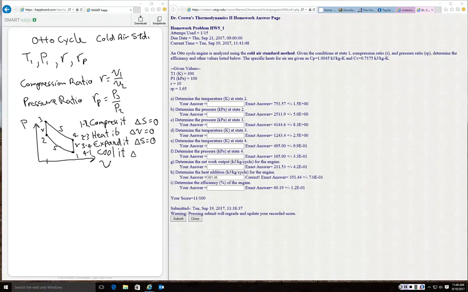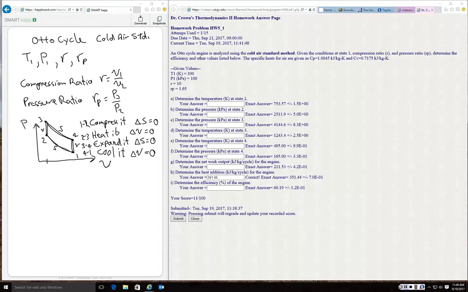And for most of our engine cycles that we're going to look at, we always have one property that's constant, or delta S is 0 for each process in our cycle. So delta S equals 0, delta V equals 0, delta S equals 0, delta V equals 0, or constant S for the compression, constant V for the heating, constant S for the expansion, constant V for the heat rejection, cooling.